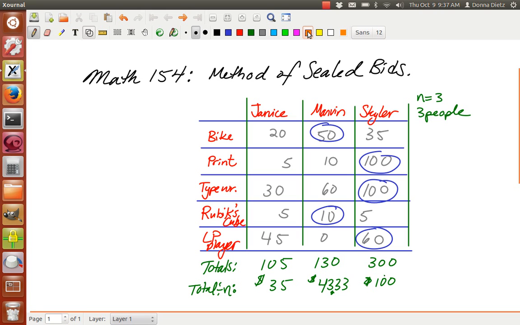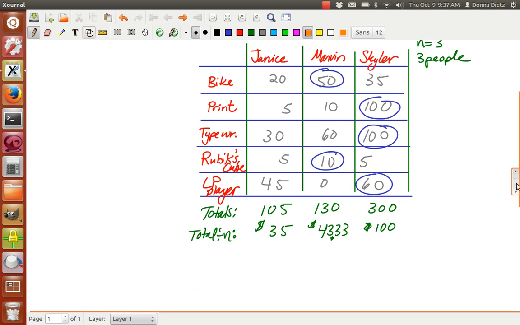Okay, so here's what we do. We figure out how much everybody thinks they deserve, and we'll figure out how much they got and find out what the difference is. If you got more than you deserve, you have to put money into the pot or into the kitty or whatever you call it. So let's see how much Skylar got.